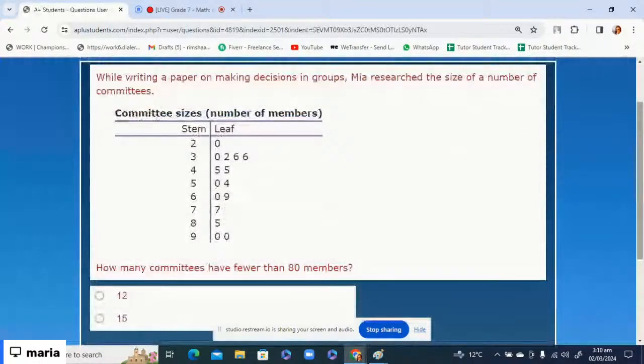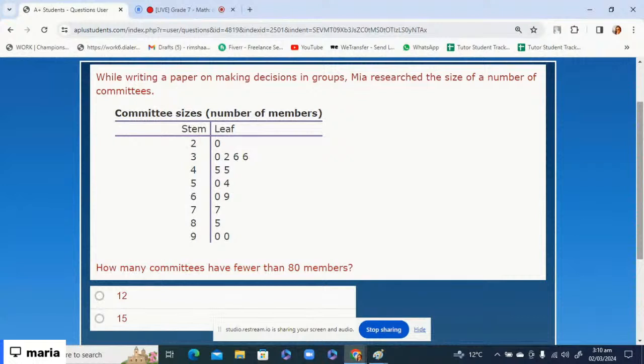Let's solve this one. In a paper on making decisions in groups, Mayor researched the size of committees. Okay, stems are given, that is 2 3 4 5 6 7 8 9. Leaves are given, that is 0 0 2 6 5 0 4 0 9 7 5 0. How many committees have fewer than 80 members?